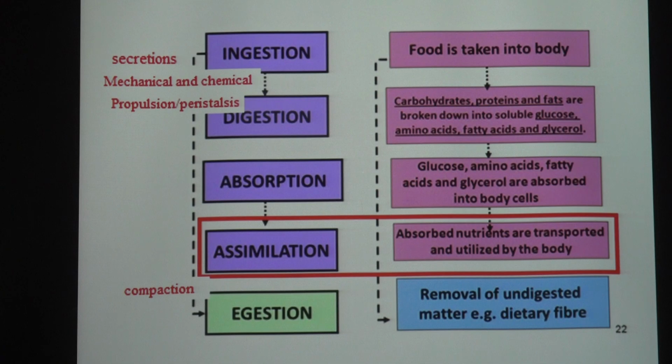Number 1, secretions. Secretions of what? Go back to the salivary glands. When we talk about the salivary glands, there's a large amount of saliva that is released into the mouth that helps to break down the food product that you put into your mouth. There are enzymes contained within it. There is a little bit of acid that helps to break down the food.